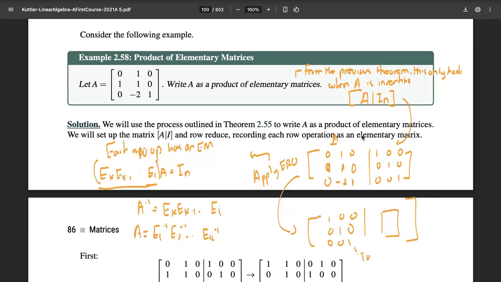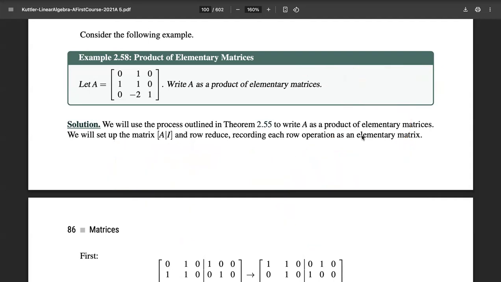It's just right before this subsection or the one before that, right? So yeah, that's what essentially we do here. We set up the augmented matrix AI, row reduce, and we record each row operation as an elementary matrix.